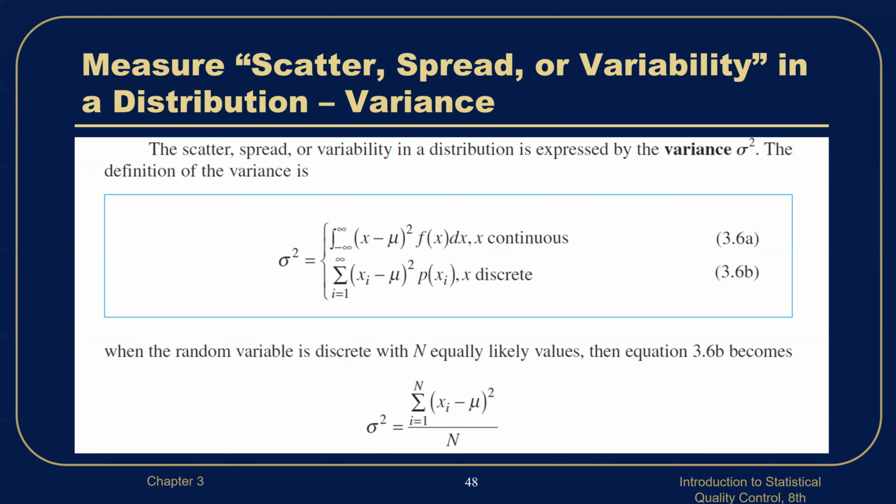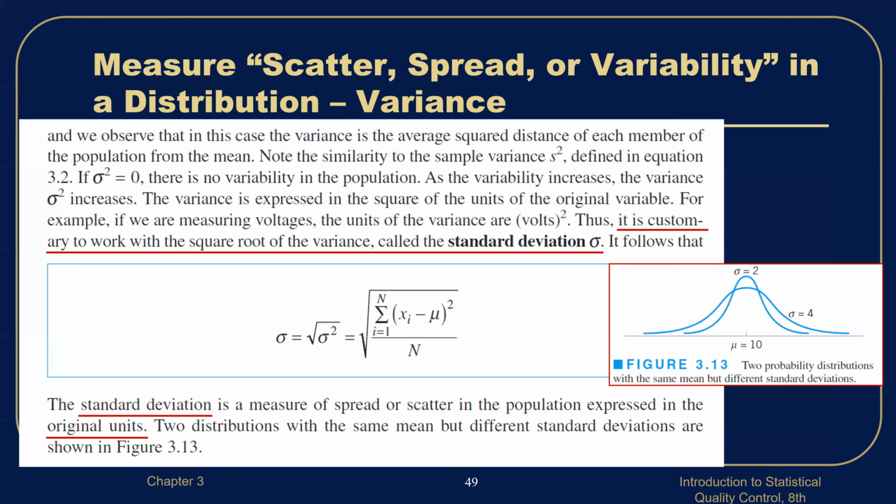For the discrete distribution, its variance is the sum of the square of every outcome minus the mean, then multiplied by the PDF. Another statistic, standard deviation, is the square root of variance, so its unit is the same as the variable.